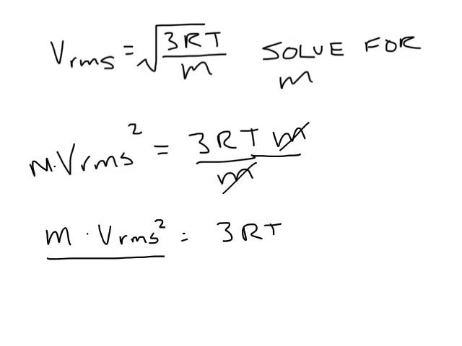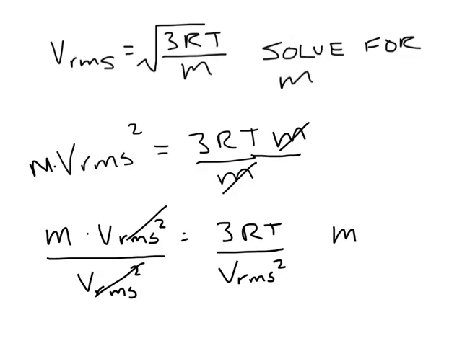And now divide by velocity root mean squared on both sides. And so my final answer is 3RT over VRMS squared. And that's not too bad.